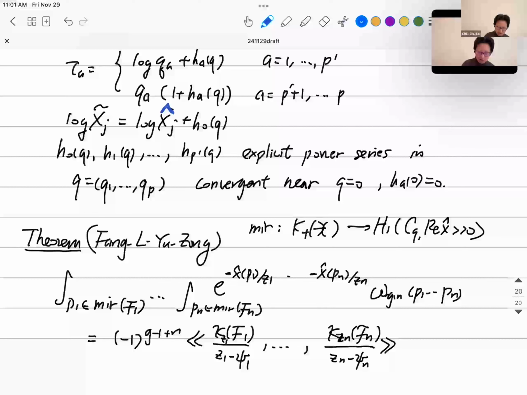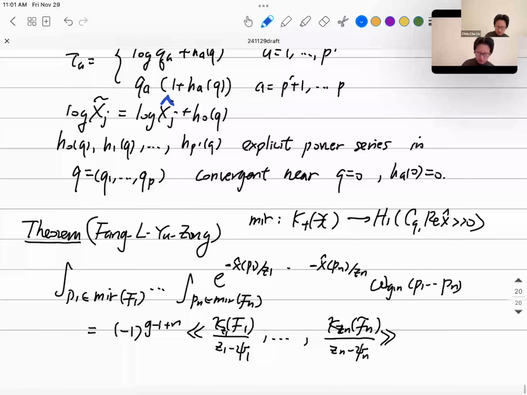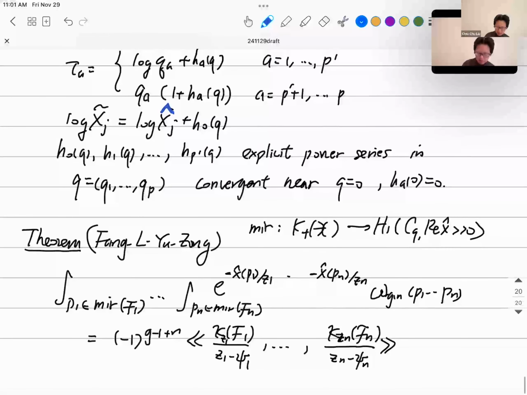My last sentence is to say that, in a joint work in progress with Zhengyu, we get the descendant Gromov-Witten invariants. We actually take this omega GN and do this kind of oscillatory integral, taking x hat over Z1.